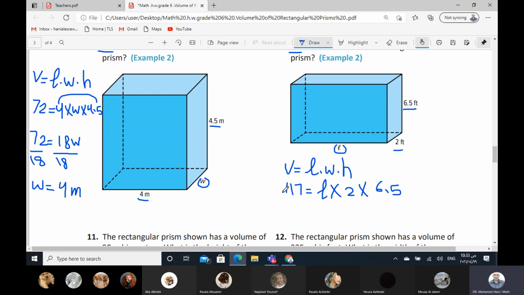Now as you see here we have an equation. The first step, find the product. 2 times 6.5 will be 13 times W, 13W. And on the first side we have 117.